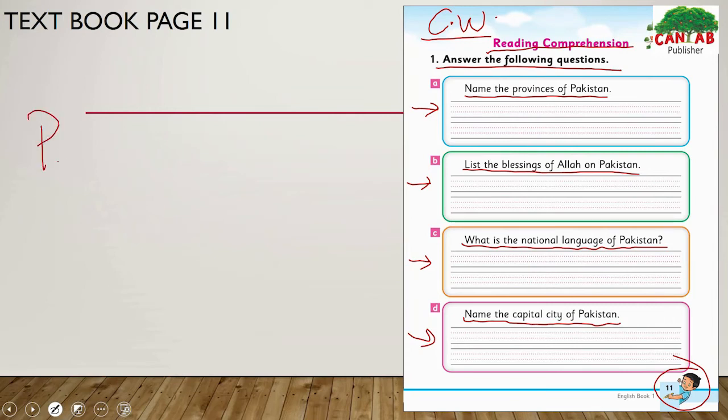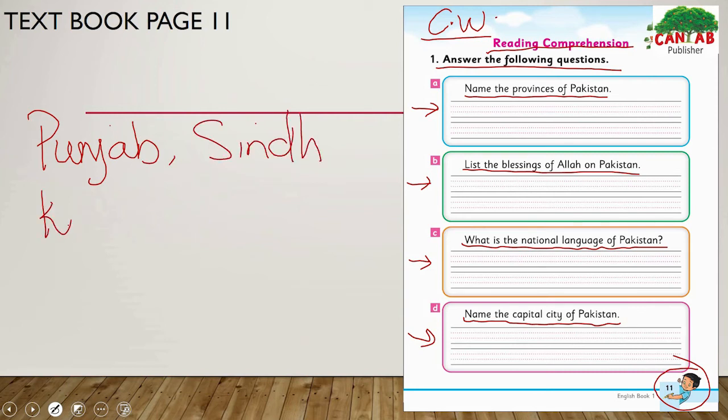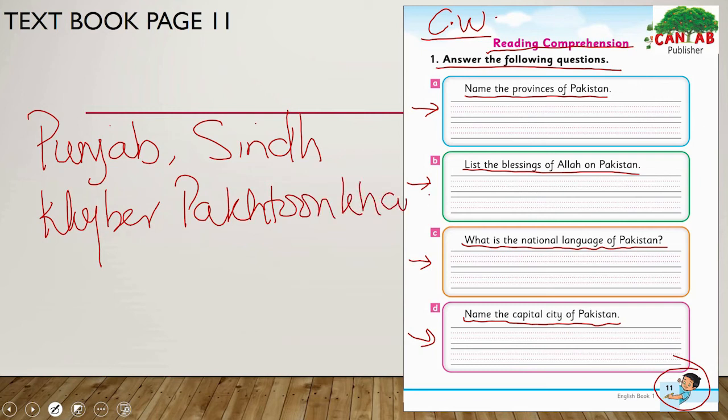The provinces of Pakistan are Punjab, Sindh, Khyber Pakhtunkhwa, and Balochistan.